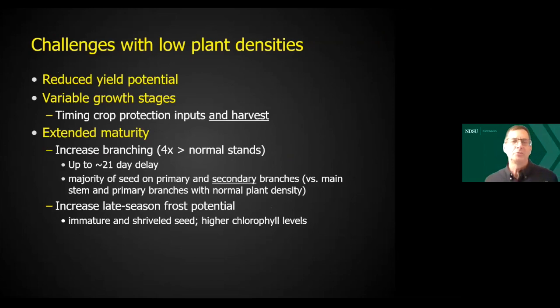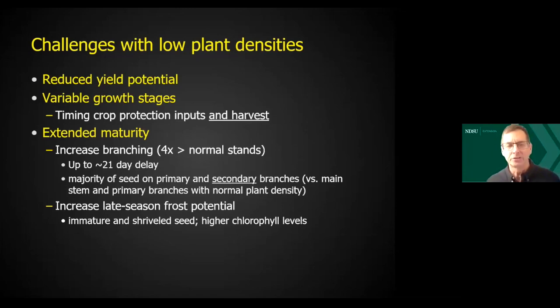And then some challenges with low plant density, obviously reduced yield potential. We're going to have variable growth stages, and that's going to be a hindrance to properly applying some post-emergence pesticides, such as fungicides for reducing sclerotinia, or herbicides for post-emergence weed control, in particular at harvest time. That's going to be the biggest challenge, is dealing with these variable growth stages.